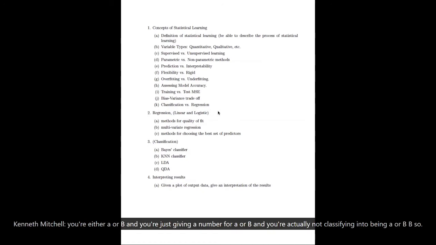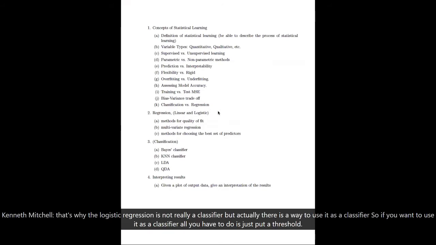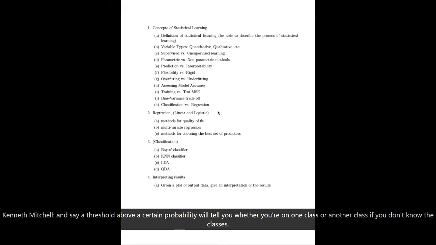You're either A or B, and you're just giving a number for A or B, and you're not actually classifying into being A or being B. So that's why logistic regression is not really a classifier, but actually there is a way to use it as a classifier. All you have to do is put a threshold, and a threshold above a certain probability will tell you whether you're in one class or another class.